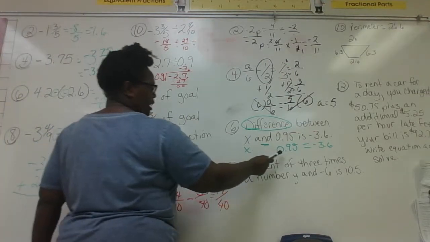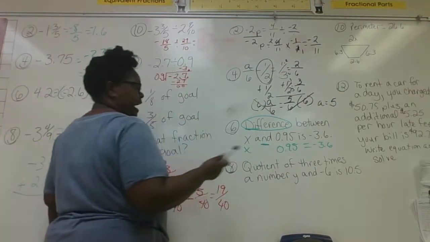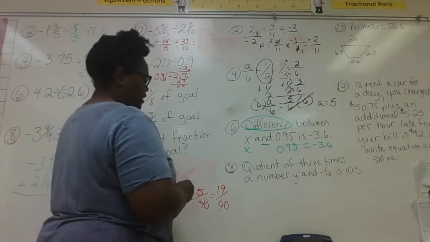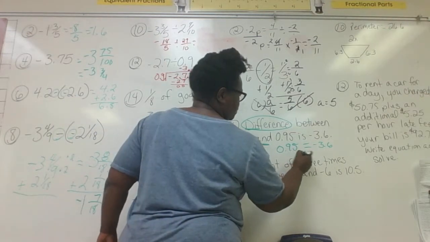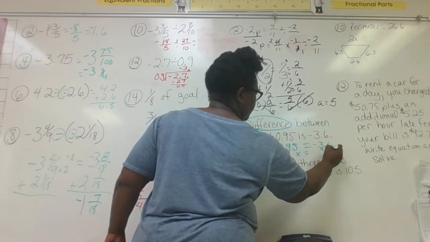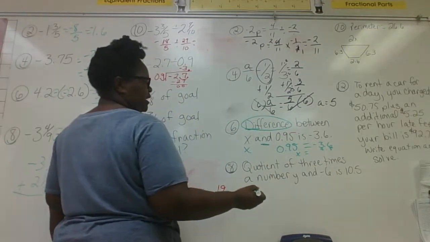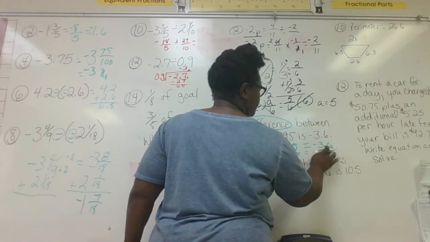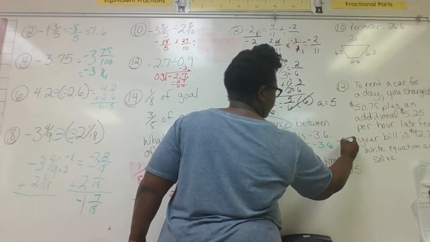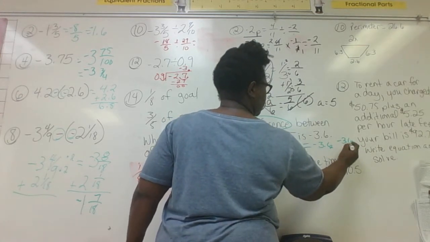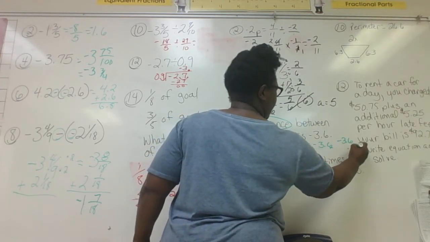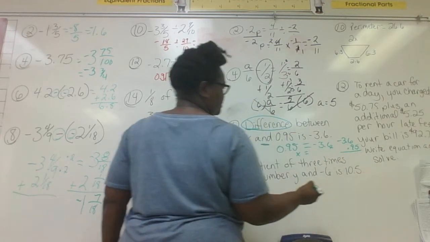Instead of subtracting by 0.95, we're going to add it to the other side, so that X will be equal to, when we add it to the other side, because there is a difference of the two, we have a -3.6, and then we have 0.95 here.